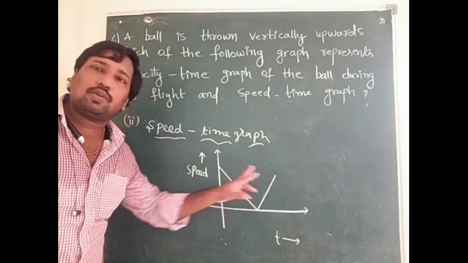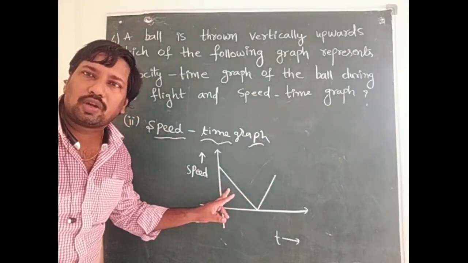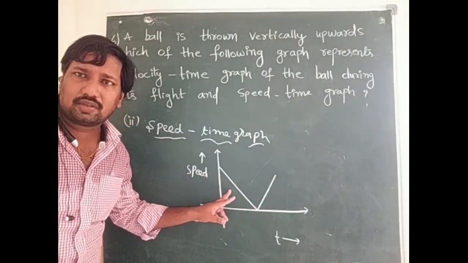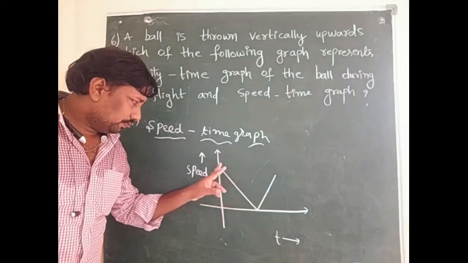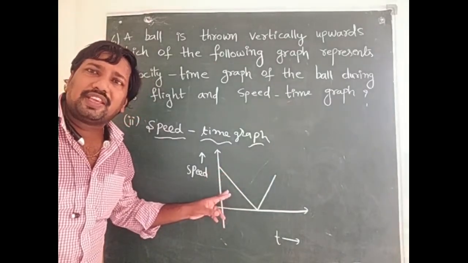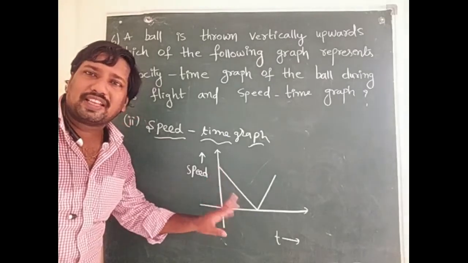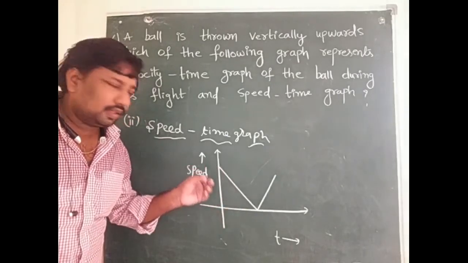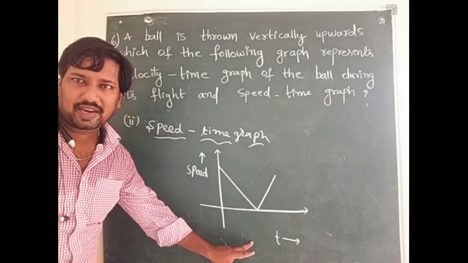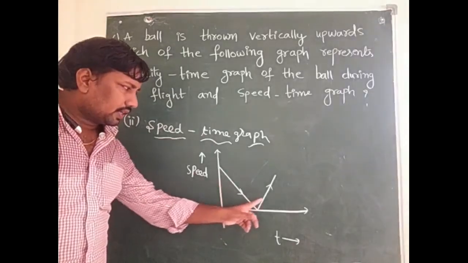Speed is a scalar quantity, so there is no direction. So in the speed and time graph, in the case of a vertically projected body, it is only in the first quadrant of the xy plane. There is no passing through the negative y direction side. Okay, its shape is this one.